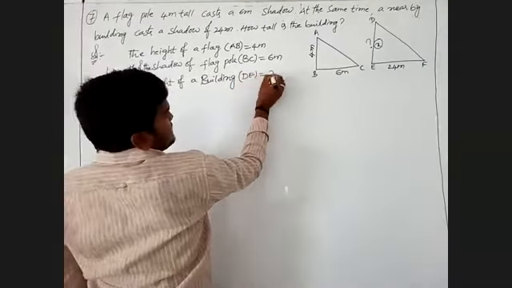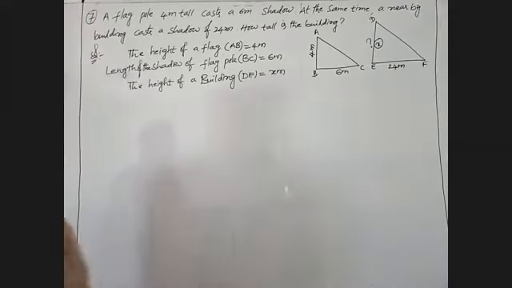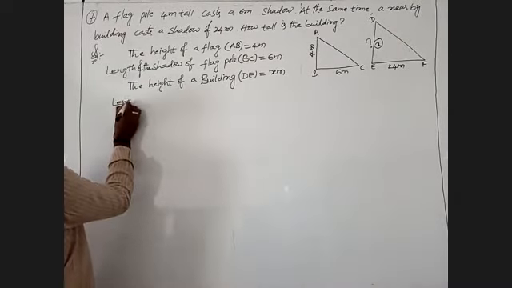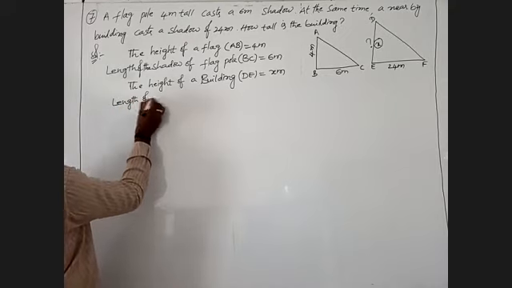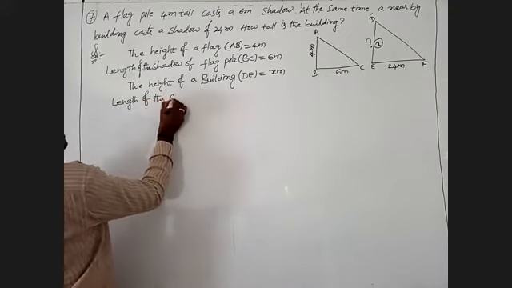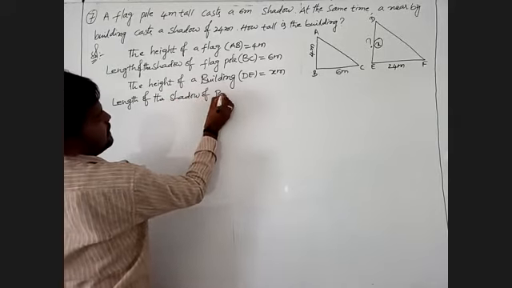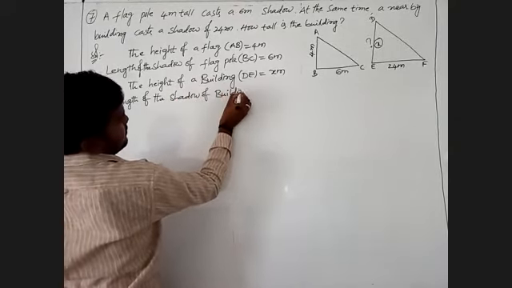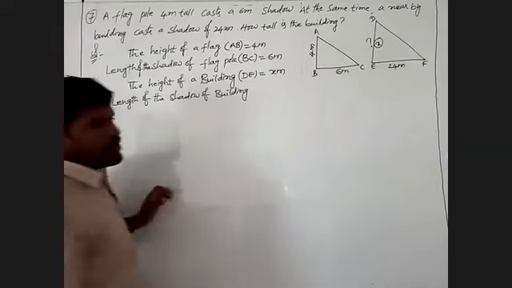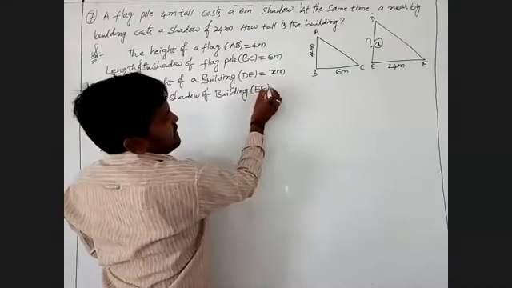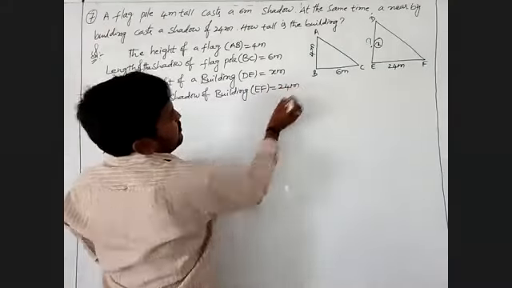DE is equal to H meters. After that, we have to write the length of the shadow of the building. The length of the shadow of the building, that must be taken as EF. EF is nothing but 24 meters.